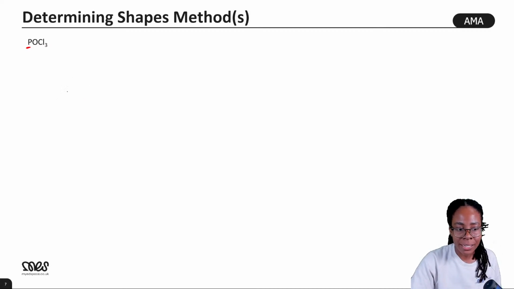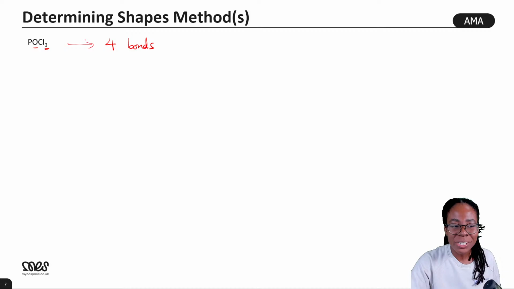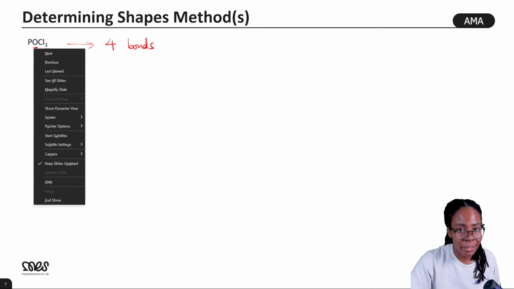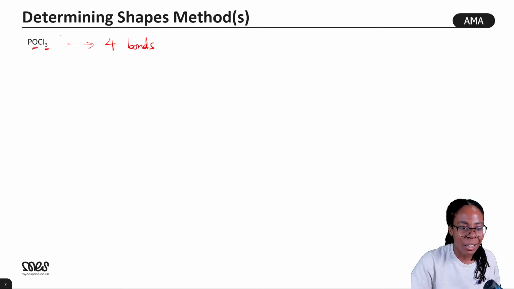How many other atoms? 4: 3 chlorines and 1 oxygen. So we're going to have 4 bonds. I'm not saying bonding pairs, because as soon as we see that oxygen there, we know that's going to be a double bond. But we'll worry about that later.